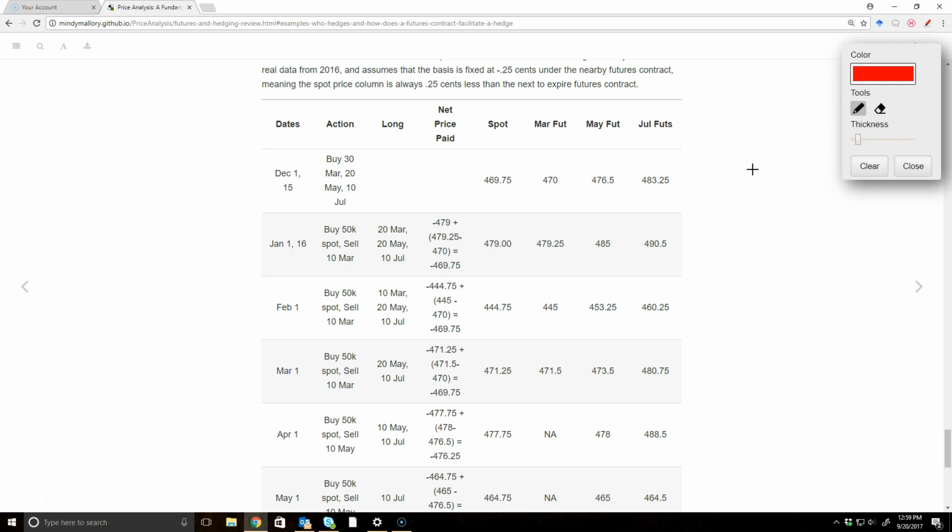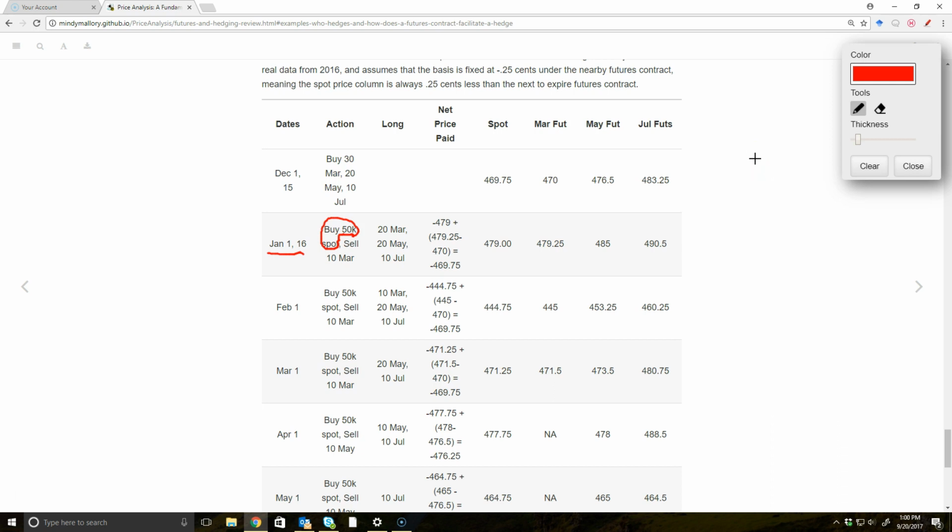Okay, so let's take a look at what happens on January 1st. So they hedged on December 1st, and January 1st comes around and they need to make their first purchase in the cash market that they had planned for. So that's why here in the action column we have a buy 50,000 in the spot market.